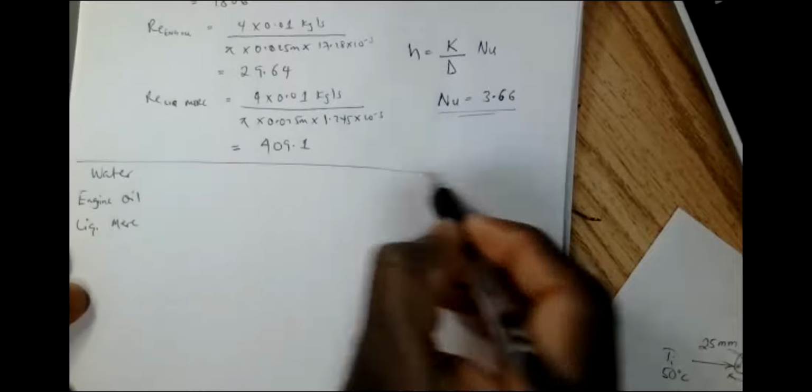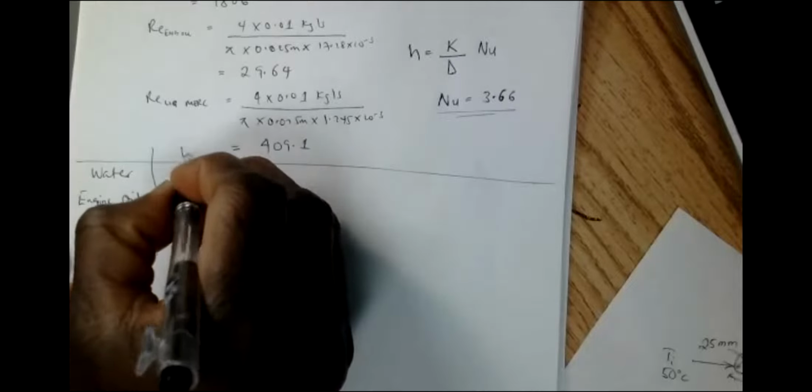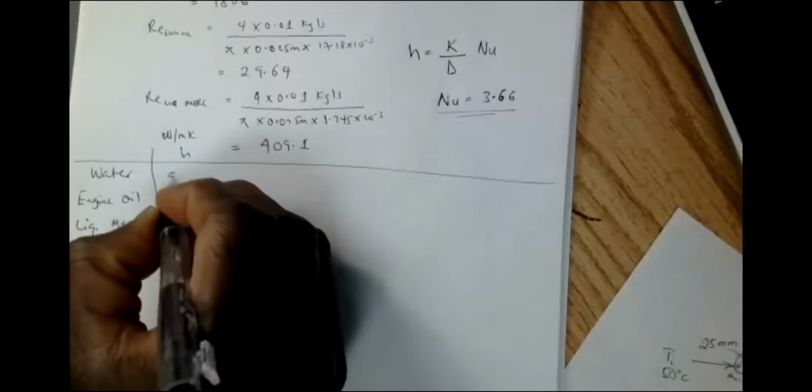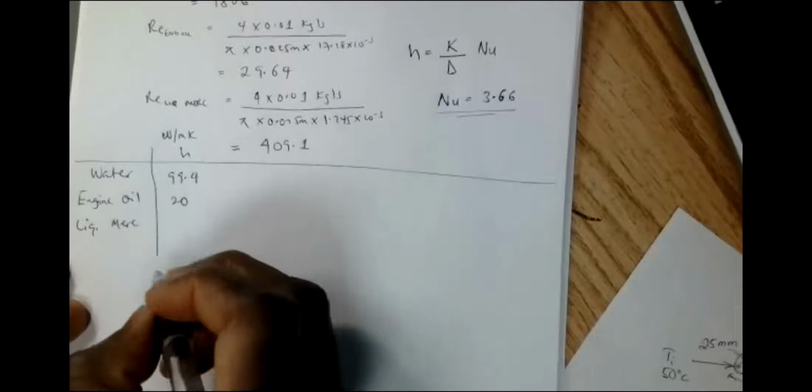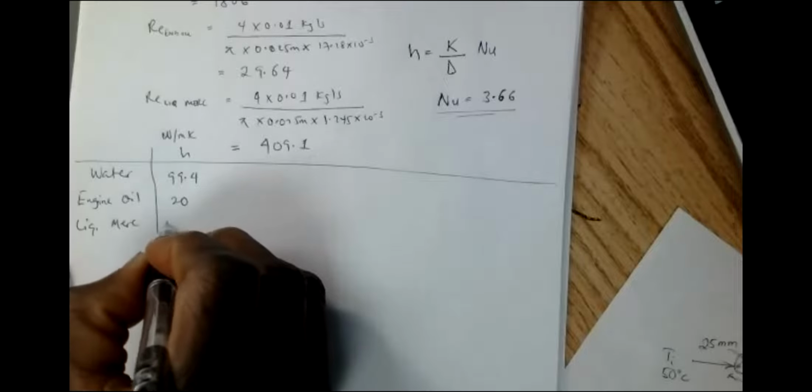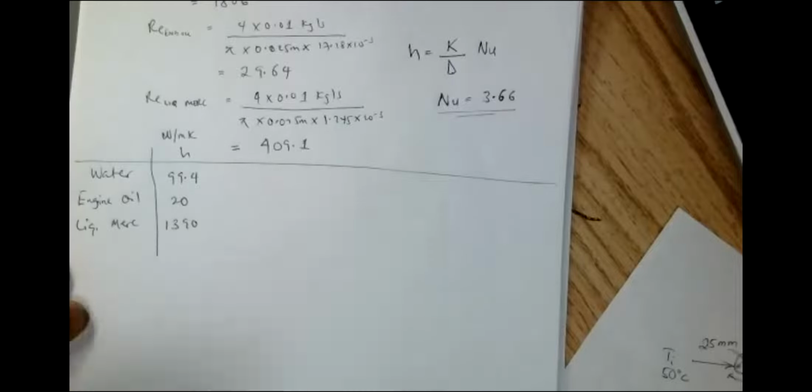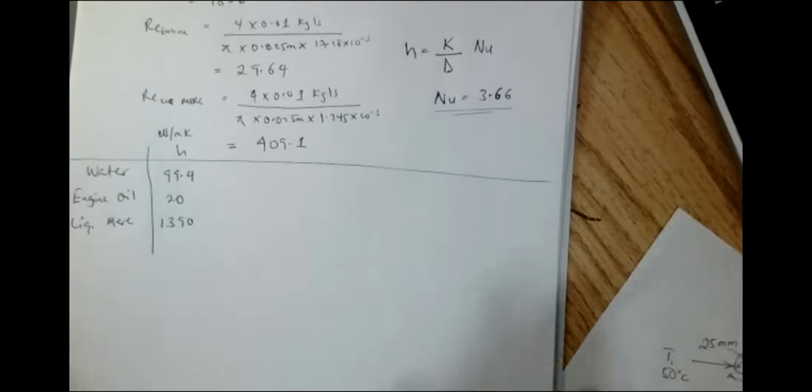Okay. So the h values for these three, h is in watts per meter Kelvin. Here we get 99.4, and then we have 20. And for this, we have 1,390.